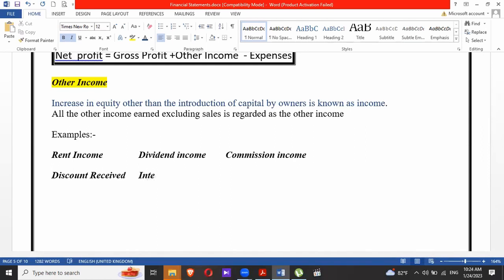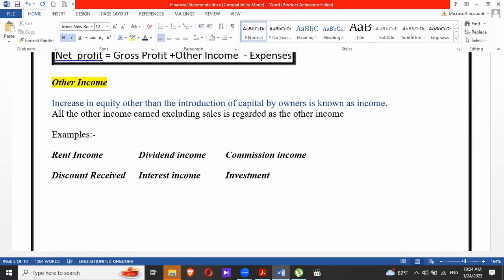Interest received. That means if you invest your money in a fixed deposit, or deposit money in a savings account, you can earn interest income. Interest received or interest income, both are correct, right? And we can also call it investment income.